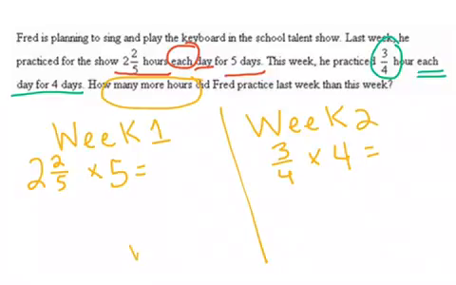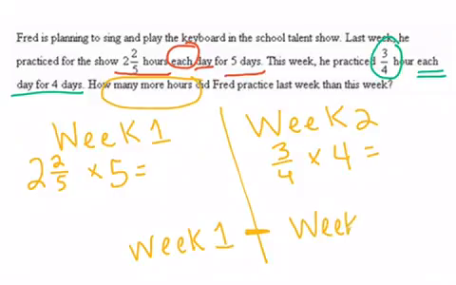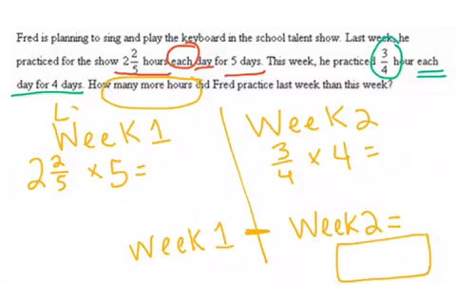So we're going to end up taking the first week and subtracting the second week to find out how many more hours he practiced in week 1 than week 2, last week and this week. And if you wanted to mark that, instead of week 1 and week 2, last week and this week might be a better way to make my chart.